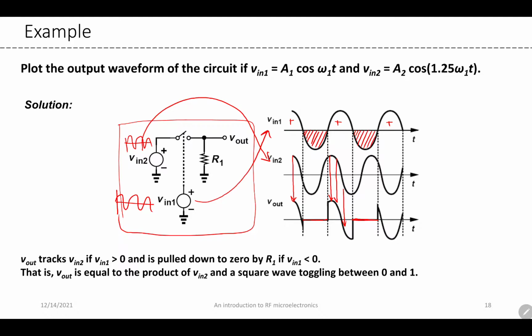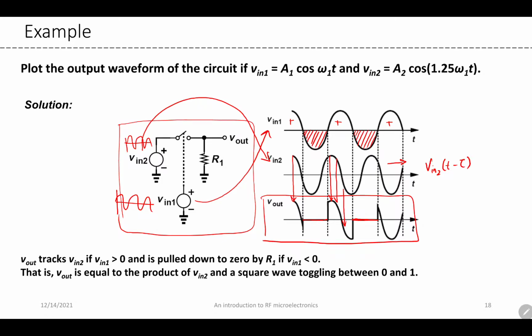Now suppose I shift V in 2. So if I have V in 2 of t minus tau, suppose I shift this waveform, right? And this is V out.